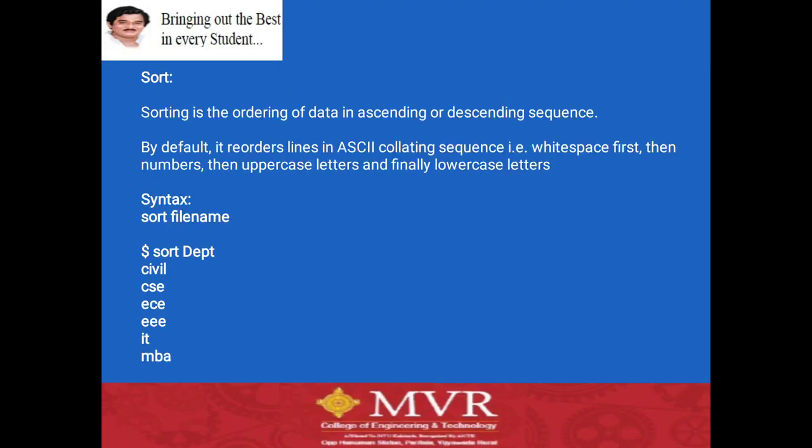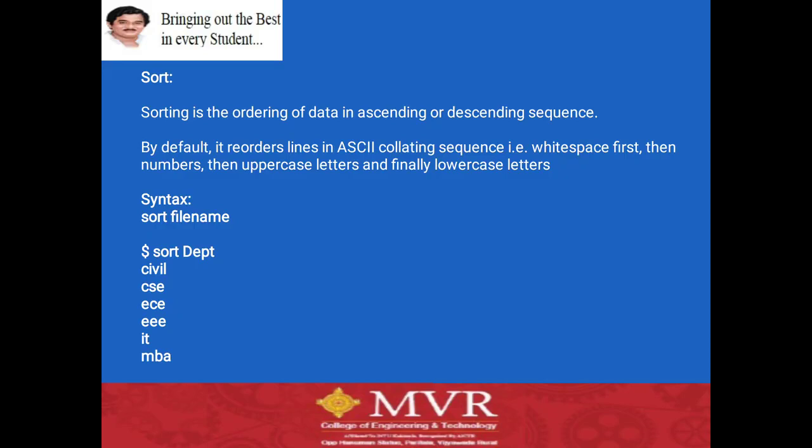Sorting is nothing but arranging something in some order, like ascending order or descending order. In Unix, the sort command will arrange the given file in ascending or descending order. Generally, sort reorders the lines in ASCII collating sequence.